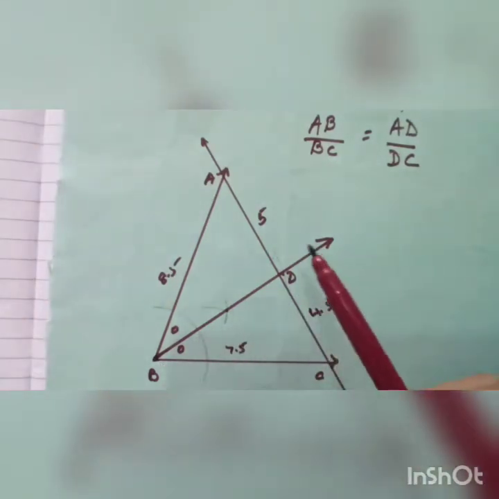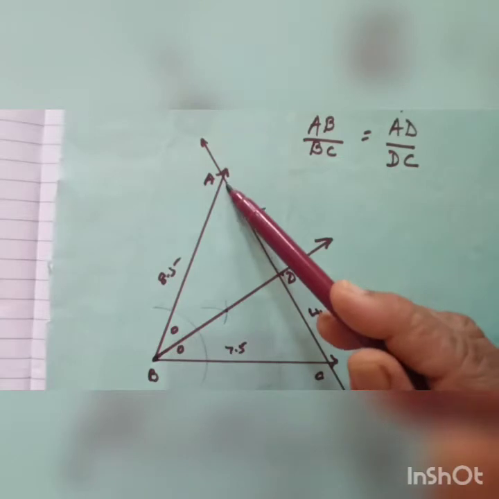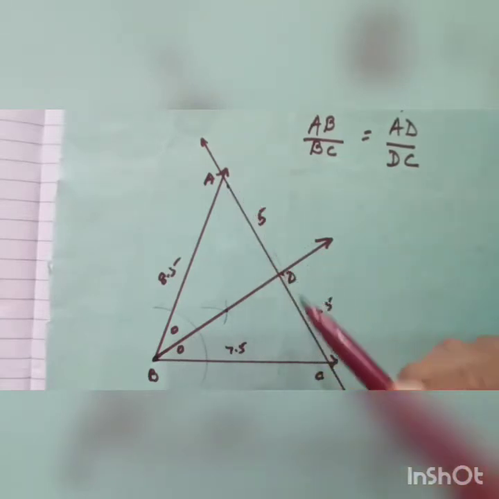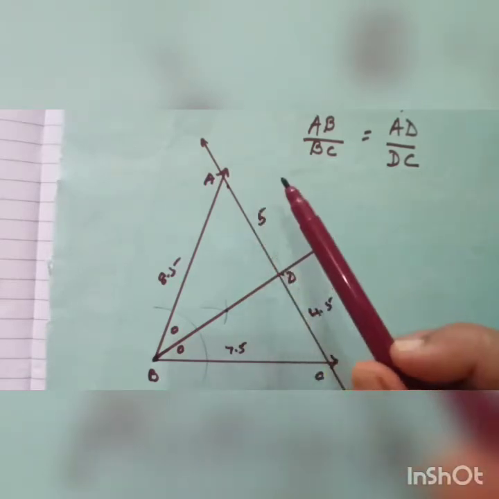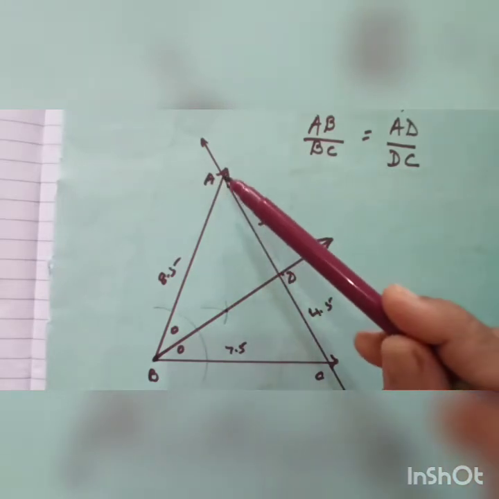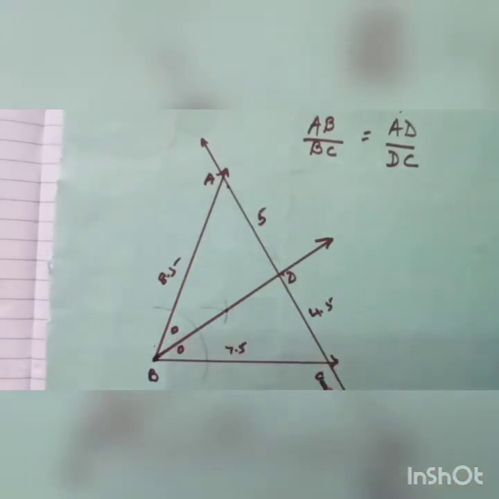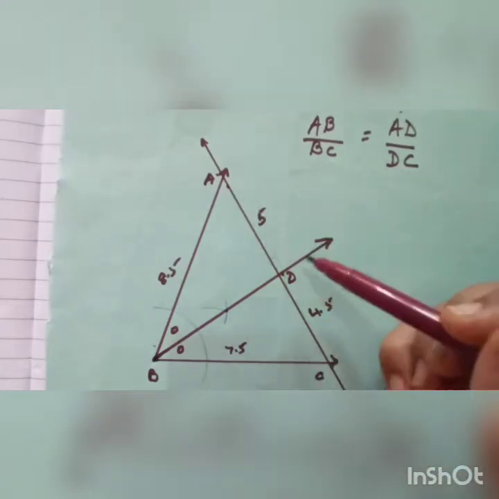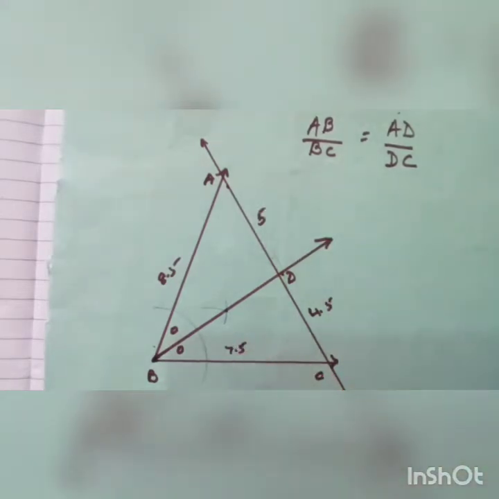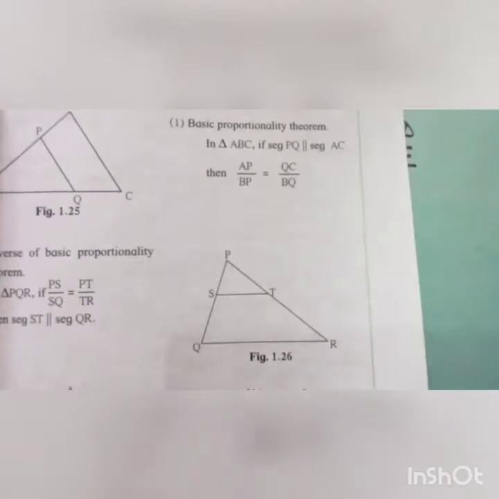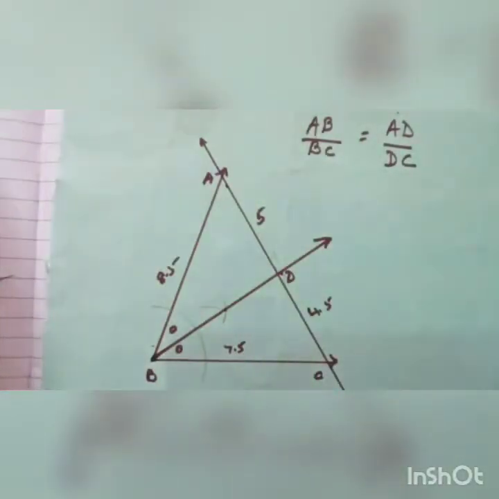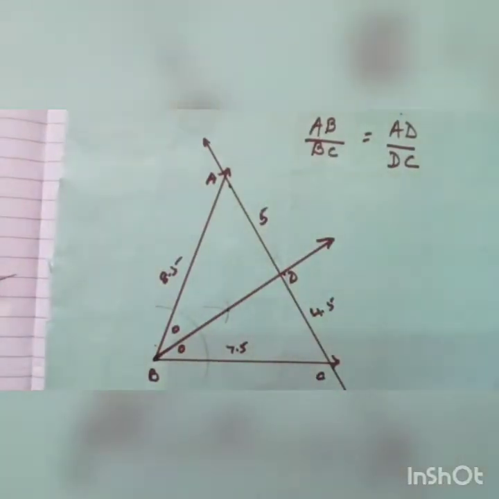BD has divided the side AC into two parts which are not equal, but they are in ratio. So AB upon BC will be equal to AD upon DC, and this is an angle bisector, and the property of angle bisector we are going to study.